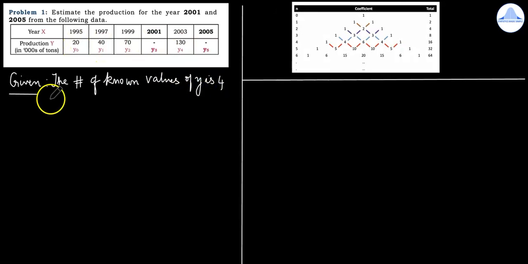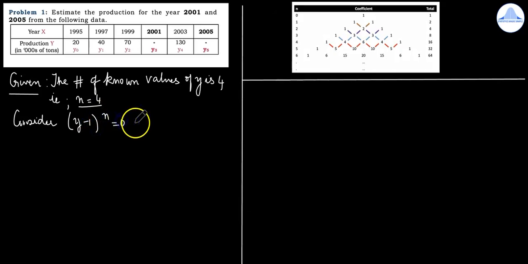This is the most important step. So that is n is equal to 4. Then consider the formula (y minus 1) to the power n is equal to 0, which implies (y minus 1) to the power 4 is equal to 0.